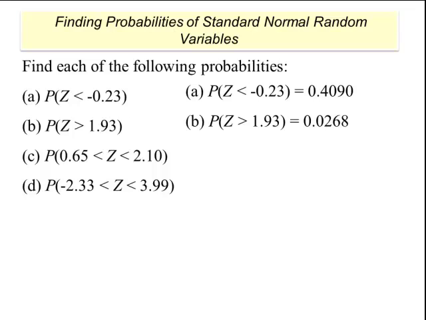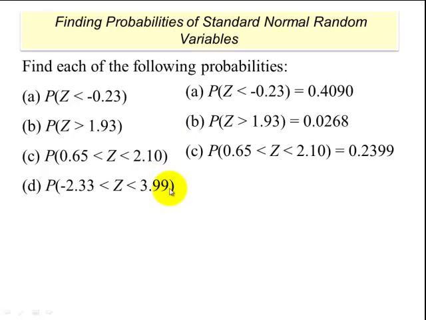C, find the probability that z is in between 0.65 and 2.10. The answer is 0.2399. And D, find the probability that z is between negative 2.33 and 3.99.